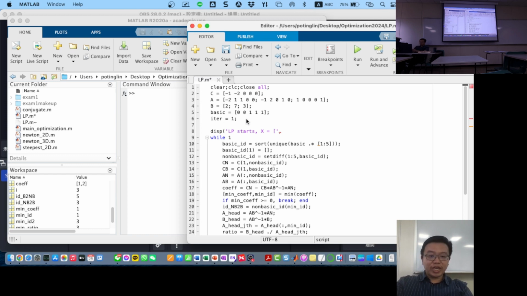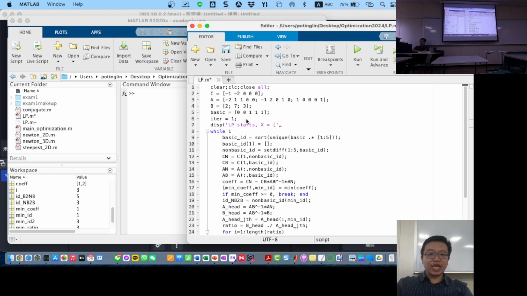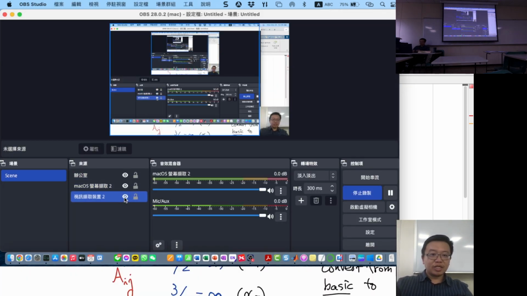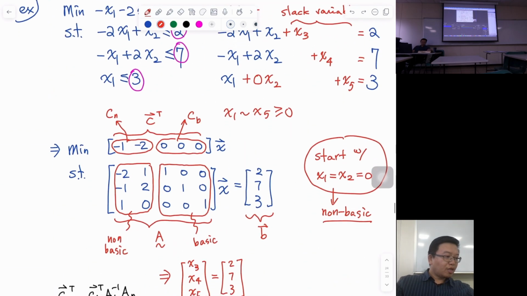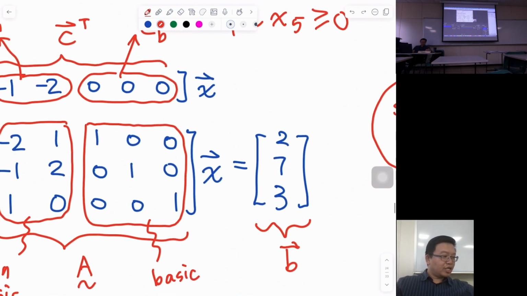If you want to compute your variables, it's A basic inverse times B. That's your variable, right?